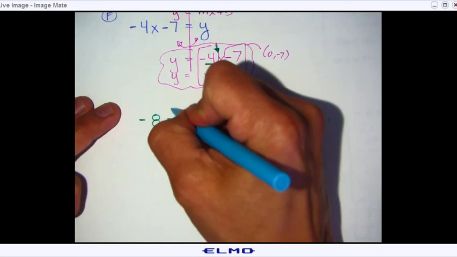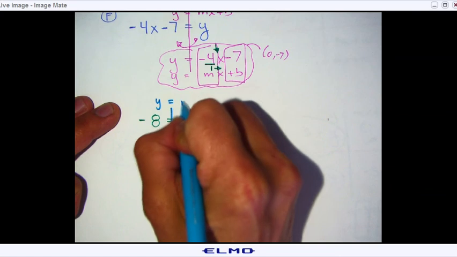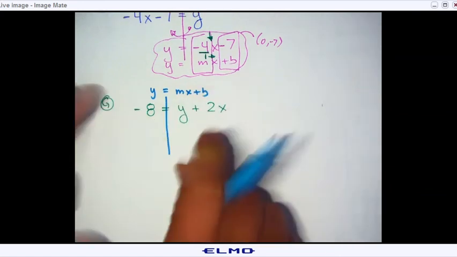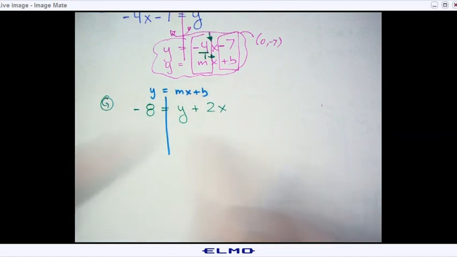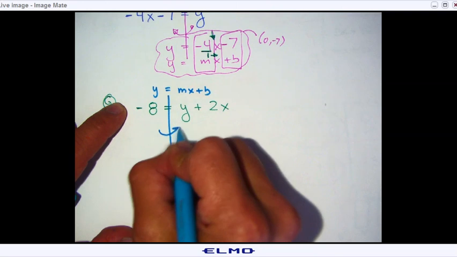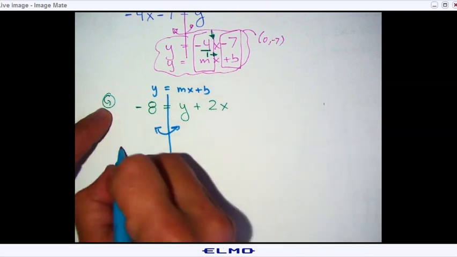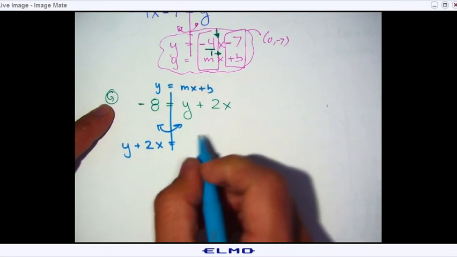So the first way, I'm going to write again, y equals mx plus b. Mister, the y's on the other side. All right, flip them. So this, flip them. Y plus 2x. Remember, don't change the sign. Leave it alone.